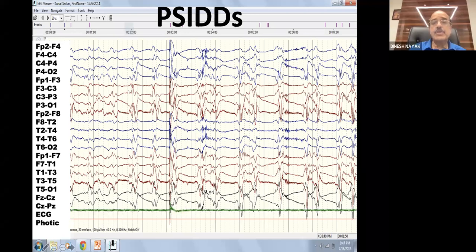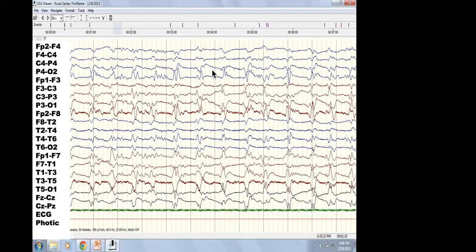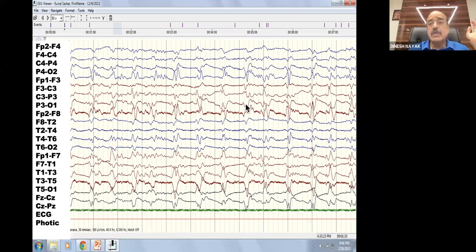You see the evolution: short interval periodic diffuse discharge, then rhythmic after-discharge, then the interval becomes shorter and it becomes more and more continuous. Majority is continuous. Sometimes there is some breaking happening.